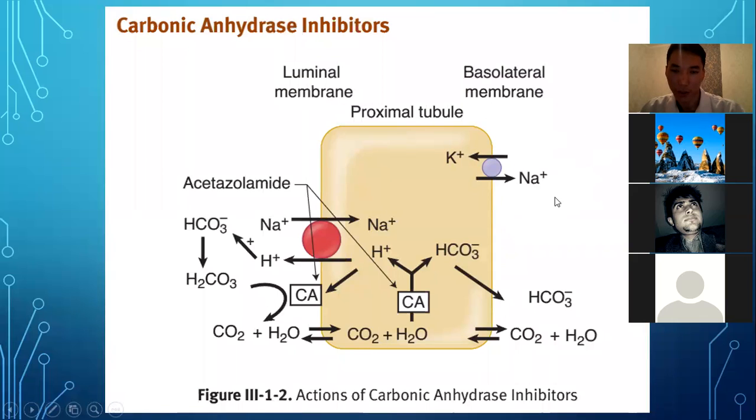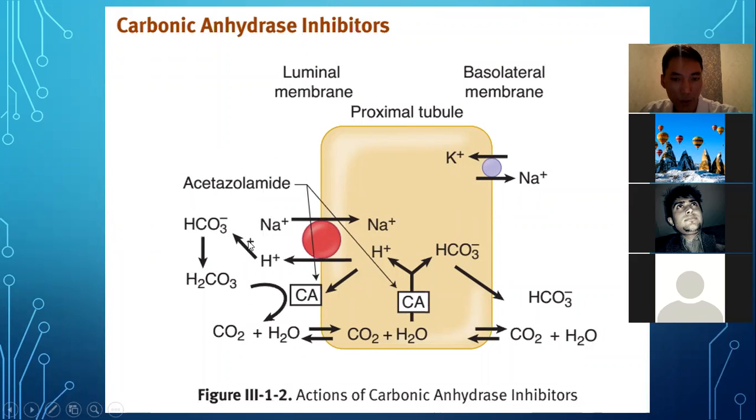Now, inside the urine part, what types of actions will be occurring there? Acetazolamide is the drug used as a carbonic anhydrase inhibitor. What it does is block these carbonic anhydrases.